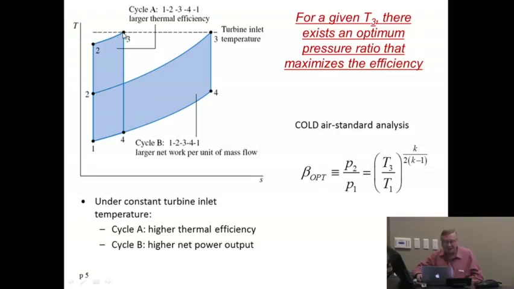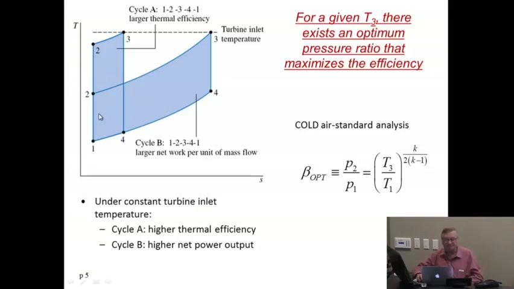Now, we have a limit to this T3, the turbine inlet temperature, that is set by the maximum temperature that the metallurgy of your turbine blades can actually take. So we have to optimize these cycles for the value of T3 to be fixed. So T1 is fixed and T3 is fixed.